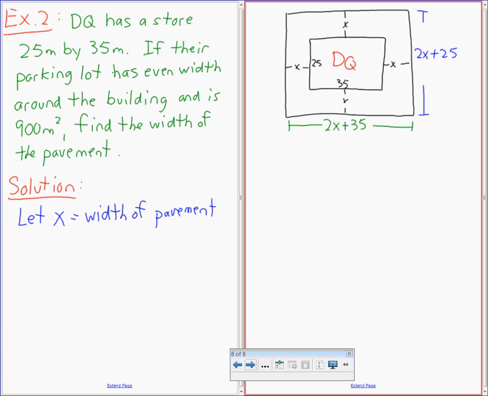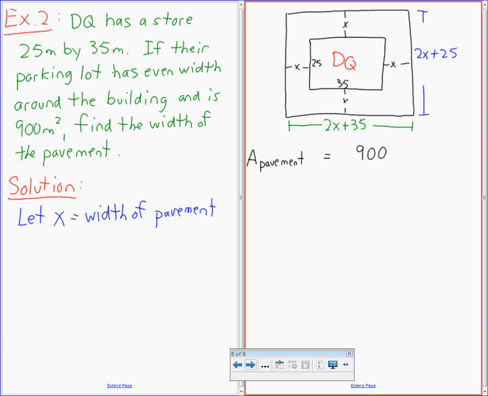Okay, I'd like you to raise your hand if you did not get that or don't understand where it's coming from. And Mr. Tozer will hit pause and explain, hopefully. Okay, good. So we're going to say in this case the area of the pavement should equal 900 meters squared.